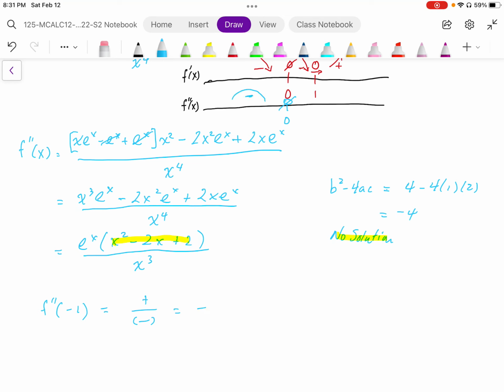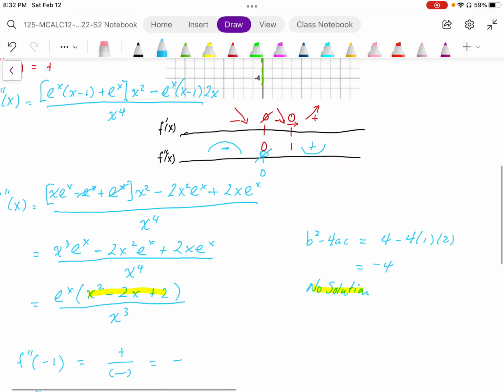So it's going to be concave down. And the second derivative, when x is 1, I'm going to end up with e to the x is always positive. I end up with 1 minus 2 plus 2, so that's going to be positive. And in the denominator, it's still positive. So I have positive concavity on this side.